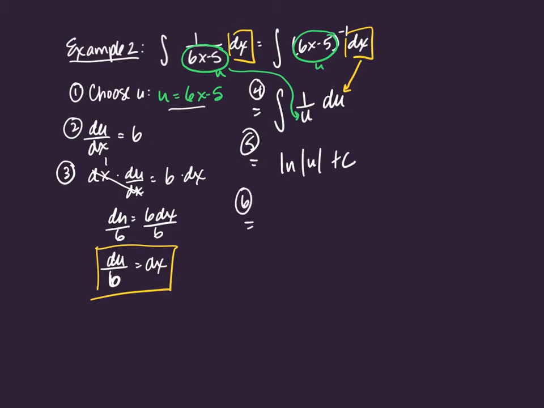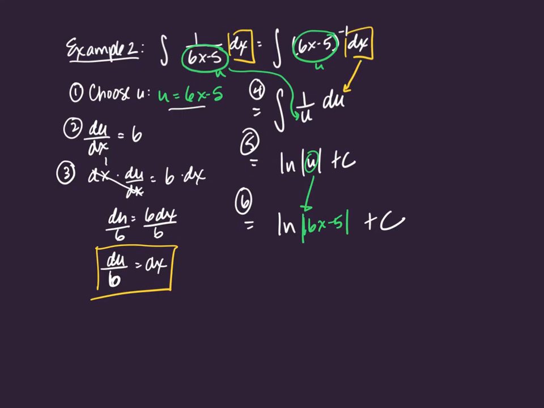And then last step, I'm going to replace that u with 6x minus 5 in absolute value, take the ln of that and add on a plus c. Okay, so remember, follow your steps. Choose your u, find your derivative, solve for dx, substitute, simplify, integrate, substitute back again. You have your steps laid out. Follow them. Write them out and follow.